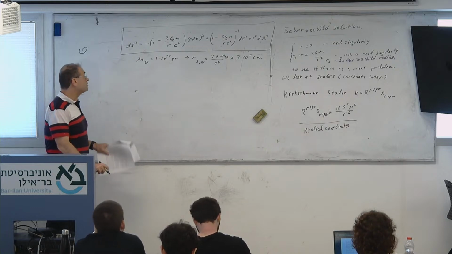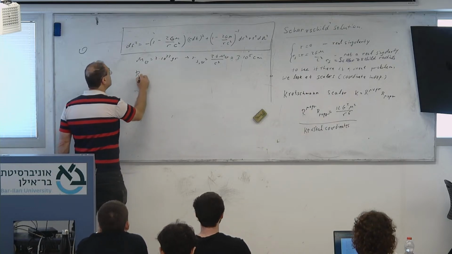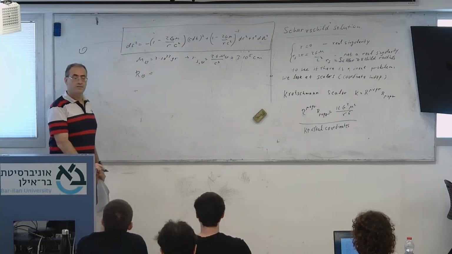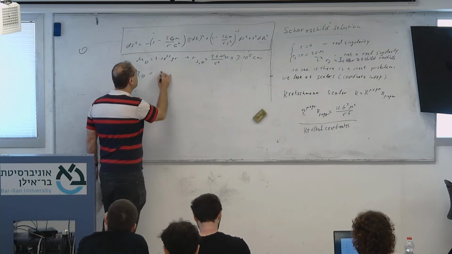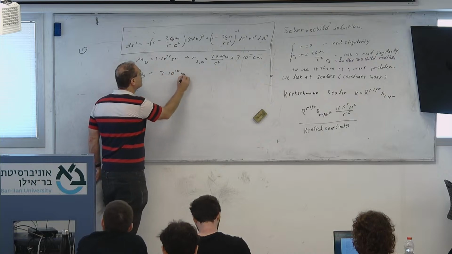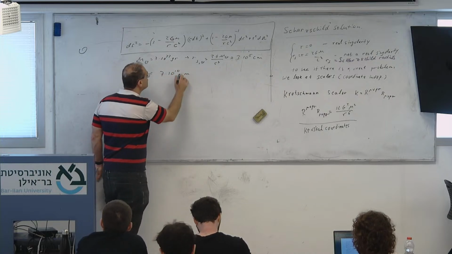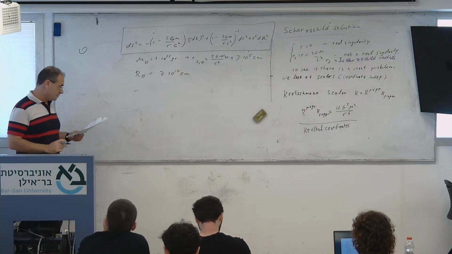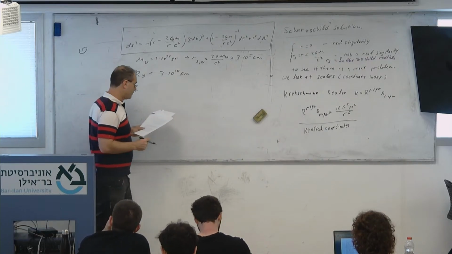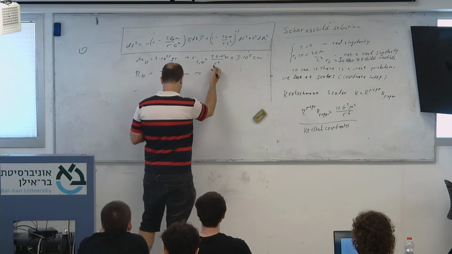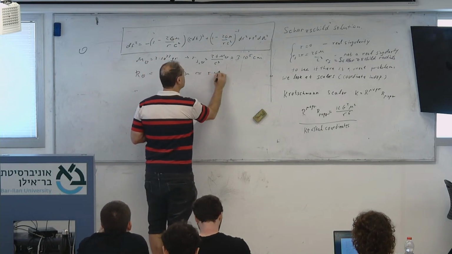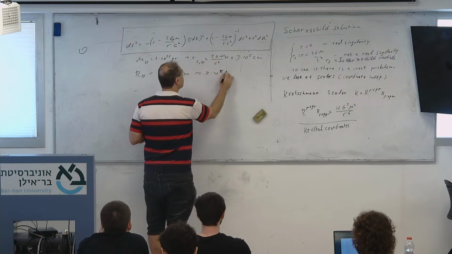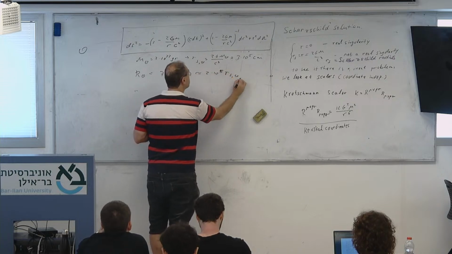What is the radius of the sun? 7 times 10 to the 10 centimeters. Which means the Schwarzschild radius of the sun is much smaller than that, something like 3 times 10 to the 5 centimeters.